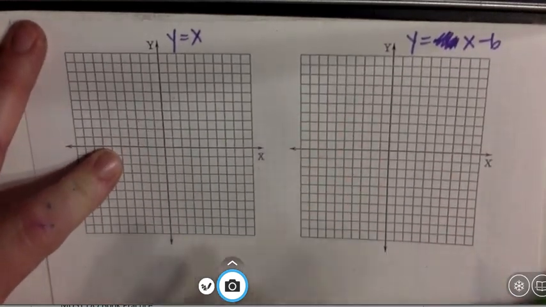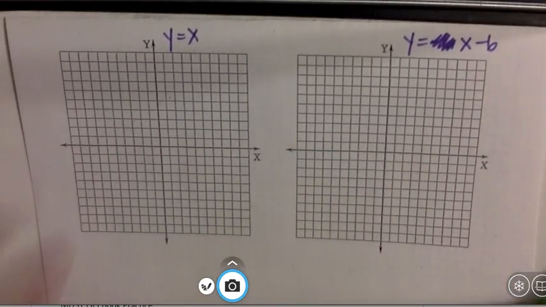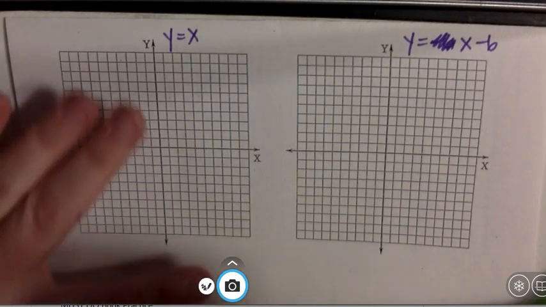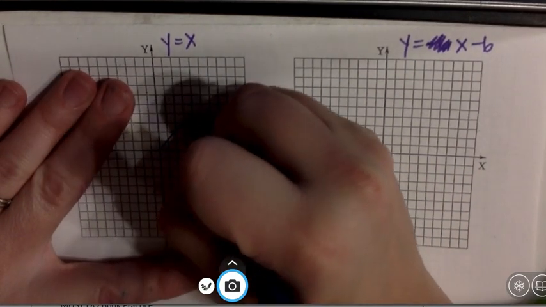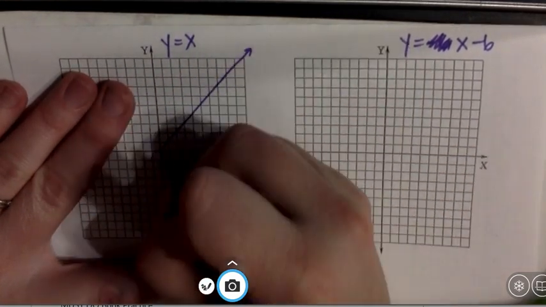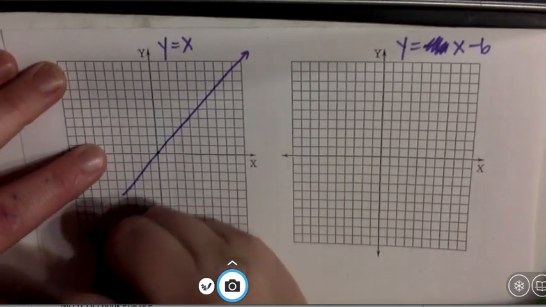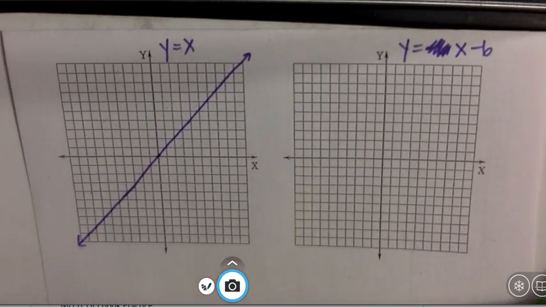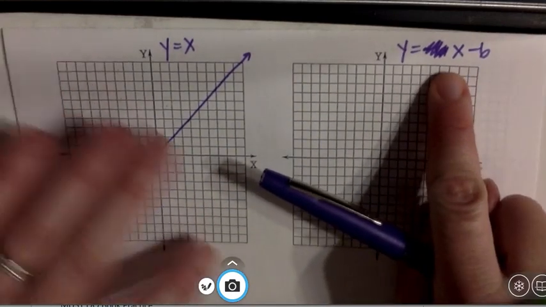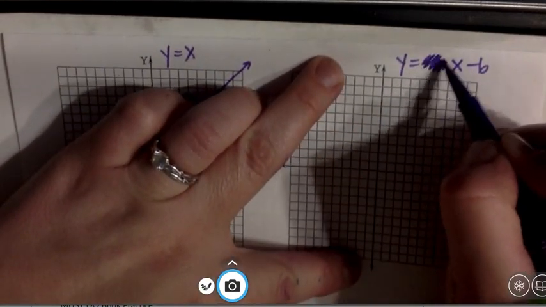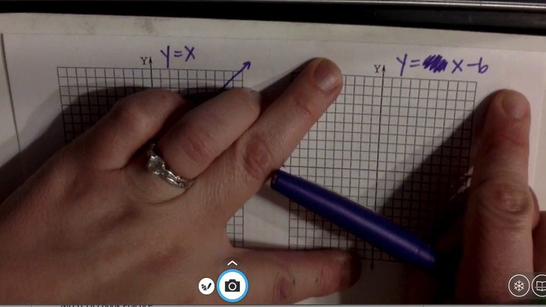Let's check out what happens if we go down on the y-axis. Again, we have our same parent function that we've been dealing with this whole time, y equals x. And our new equation, y equals x minus 6.